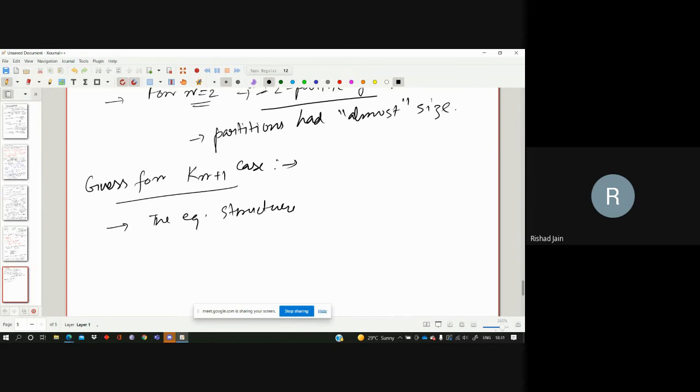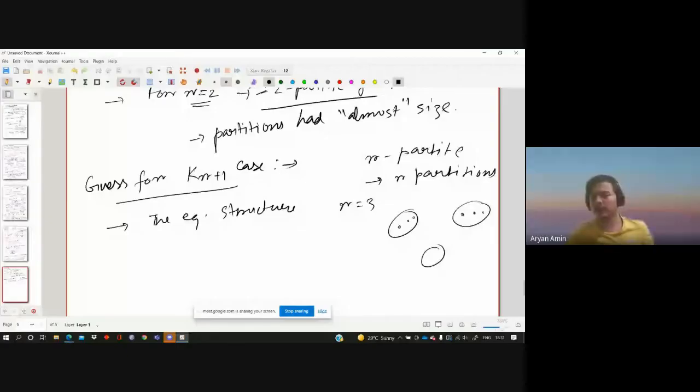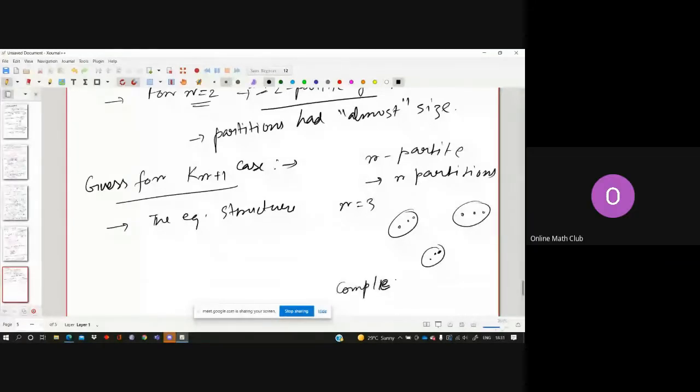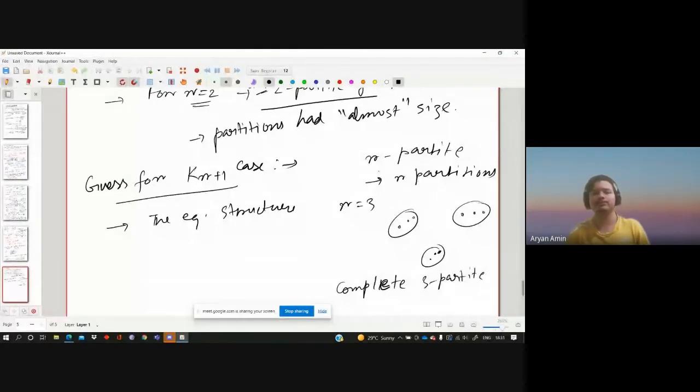Similarly, for an r-partite graph you need to have r partitions.